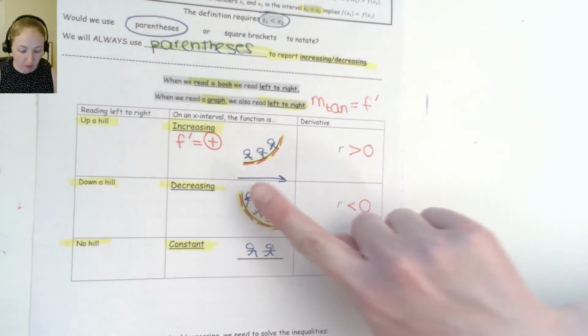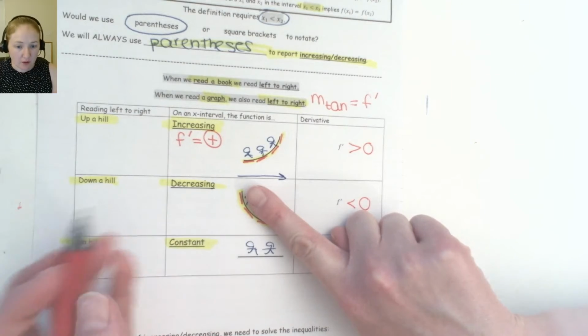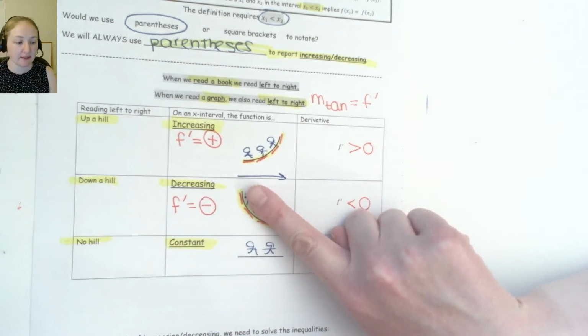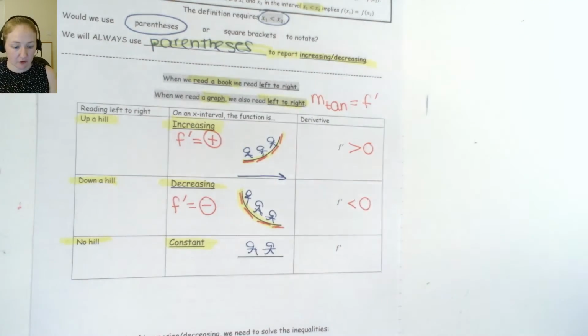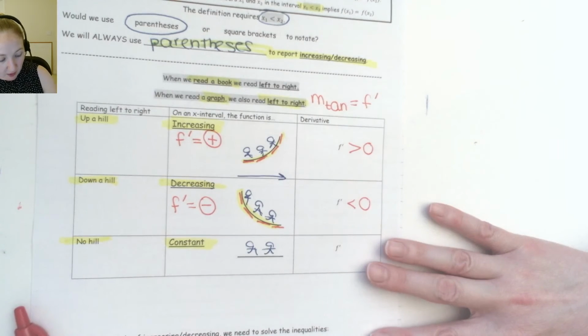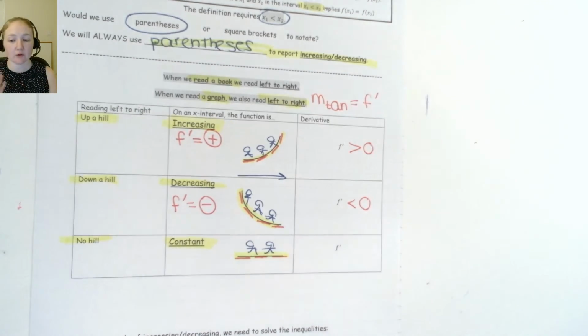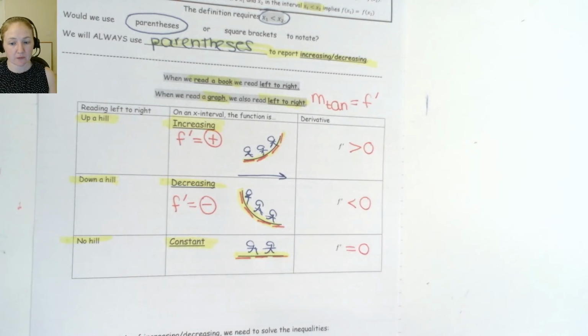When you draw the little tangent lines, they all have negative slope. So if it's decreasing, the derivative is negative. And then our final thing that we can surmise from this picture is that if it's a constant function and we draw these tangent lines, you'll notice that those tangent lines are all horizontal. So when it's constant, the derivative is equal to 0.